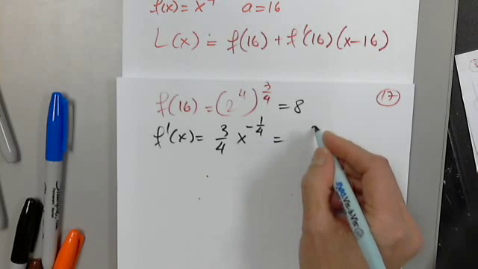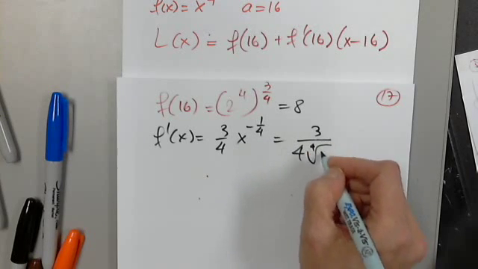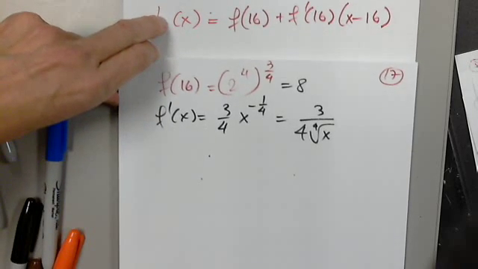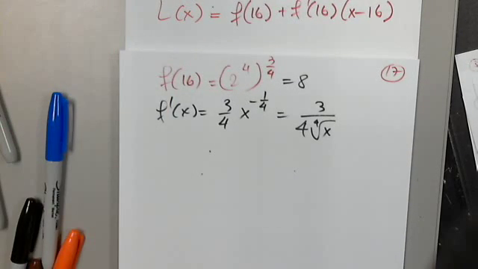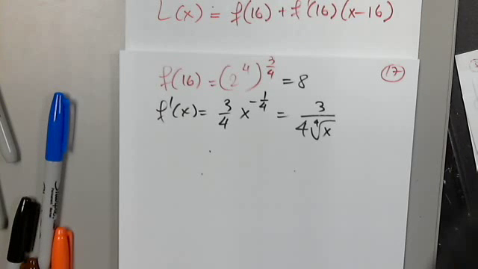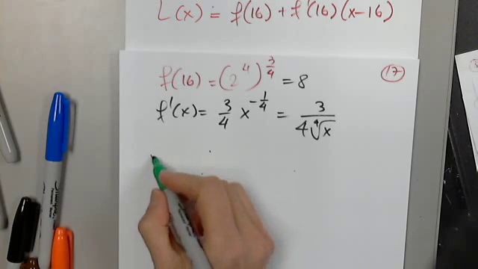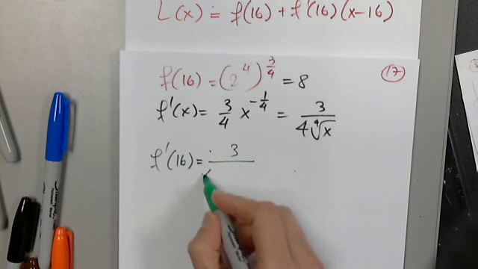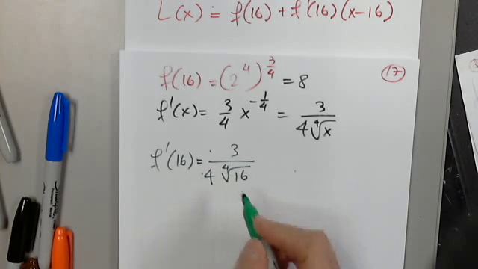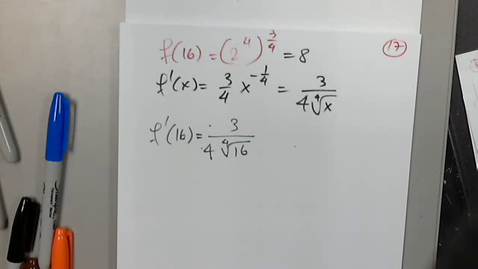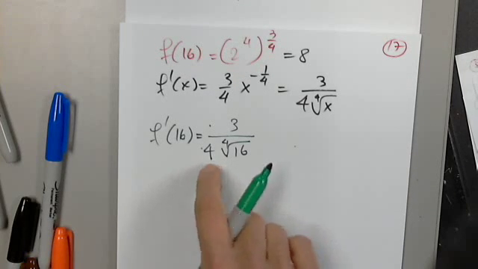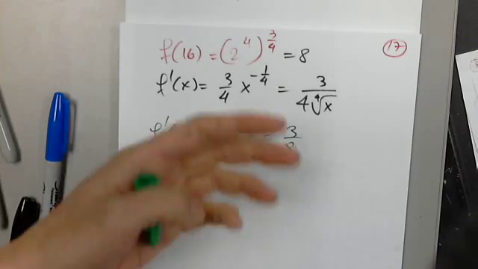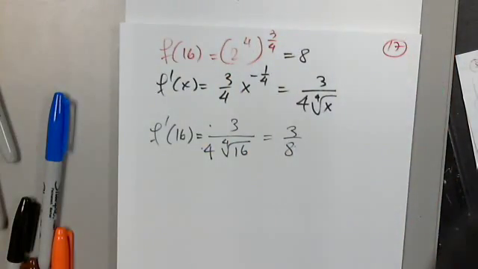Or if you want, 3 over 4 times the 4th root of x. So f prime of 16 equals 3 over 4 and the 4th root of 16. But how much is the 4th root of 16? 2, so 3 over 8. Now I have all the information to plug it in.